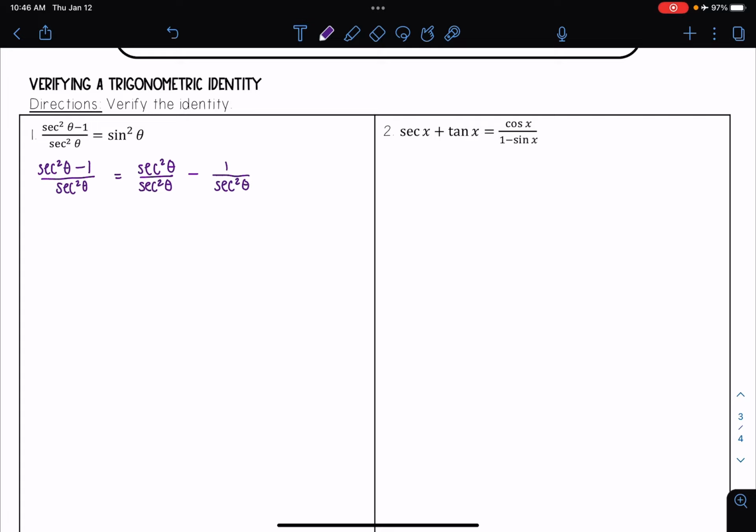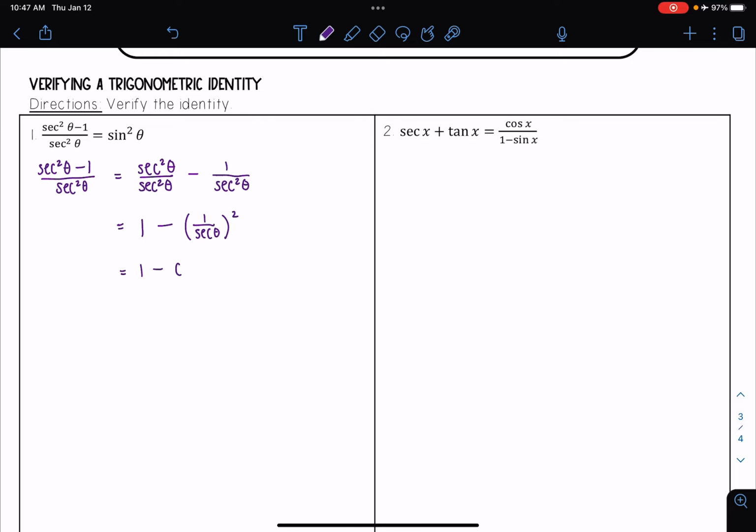The reason why I did this is so I can see that secant squared of theta can actually cancel out. Secant squared of theta divided by secant squared of theta, I just get 1 minus, well, I know that 1 over secant squared of theta is the same thing as 1 over secant of theta, squared. I did this because that is one of our trig identities. We know from our reciprocal rules that 1 over secant of theta is equal to cosine of theta.